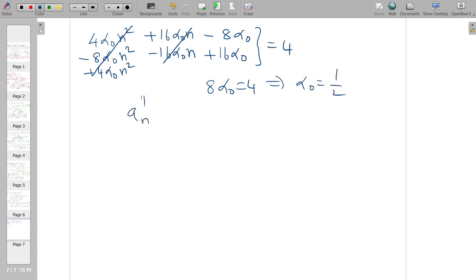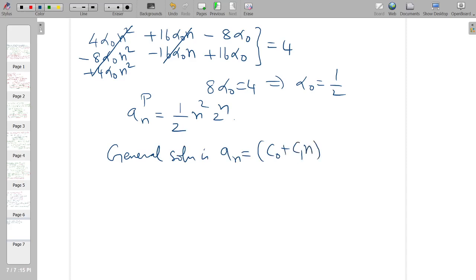So your particular solution would be 1 by 2 n squared into 2^n. So your general solution is a_n is equal to (c_0 plus c_1 n) into 2^n plus 1 by 2 n squared into 2^n.